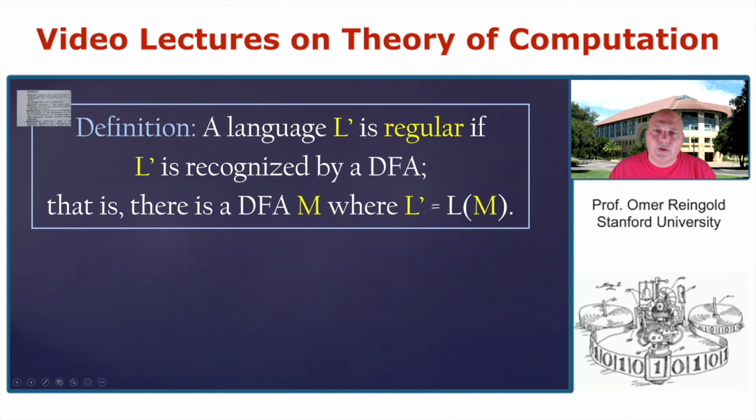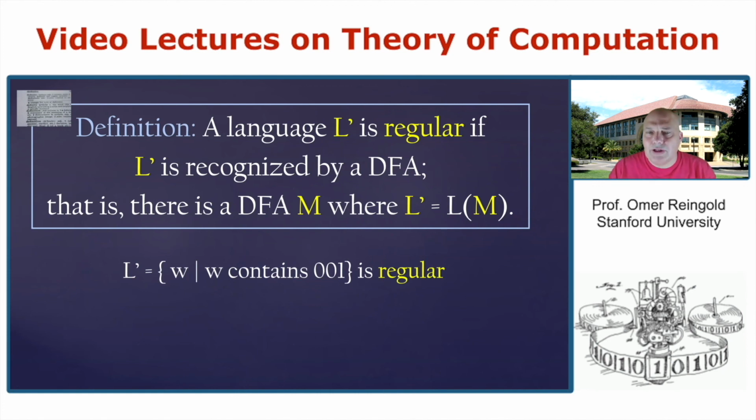So with all of the vocabulary that we developed, we can now define a language L prime to be regular if it is recognized by some DFA. That is, there is some DFA M such that L prime is L of M, the language recognized by M. We by now know some examples of regular languages.